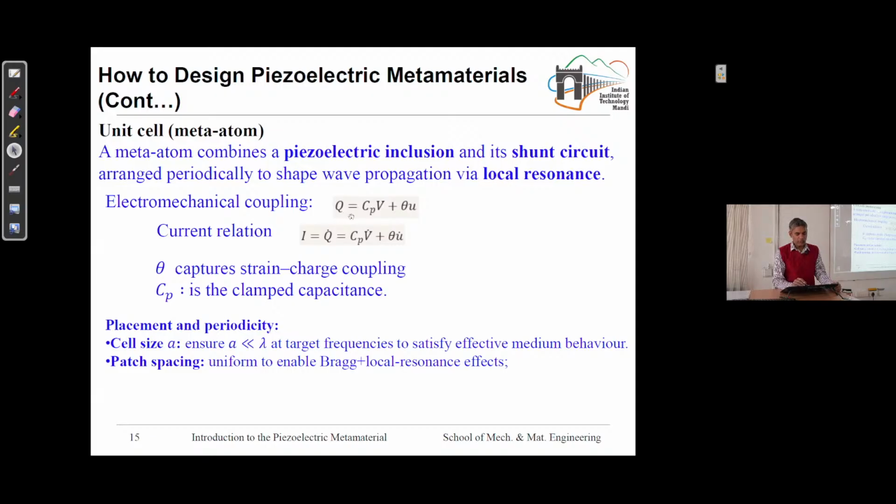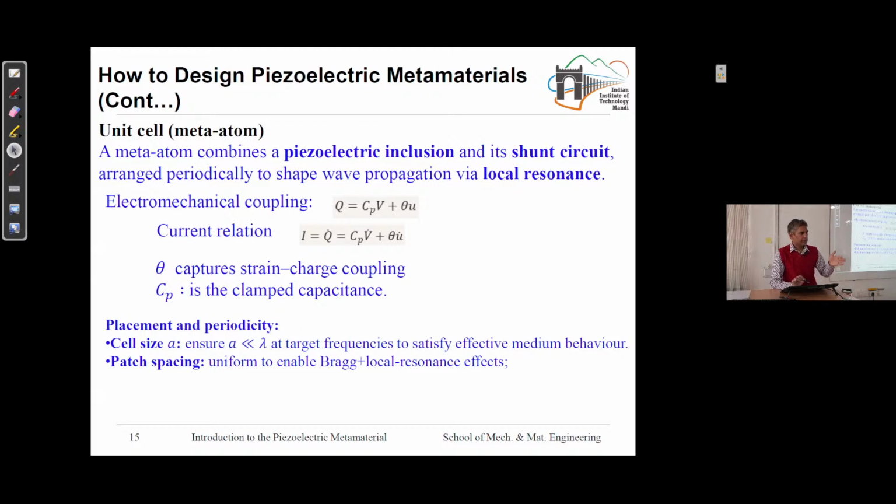Q is equal to Cp V. Cp actually is capacitance, V is the electric voltage, theta is the strain charge coupling, and U is the relative displacement between the piezoelectric material and the host, so called matrix.